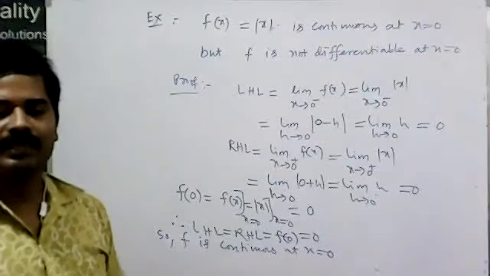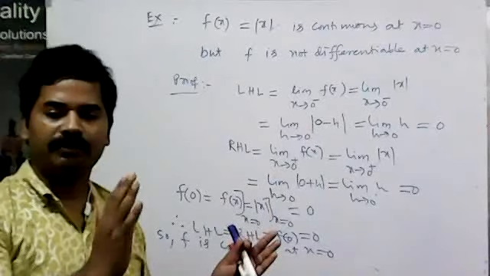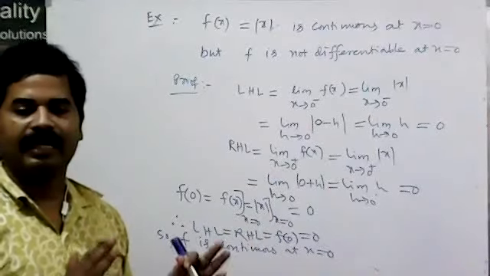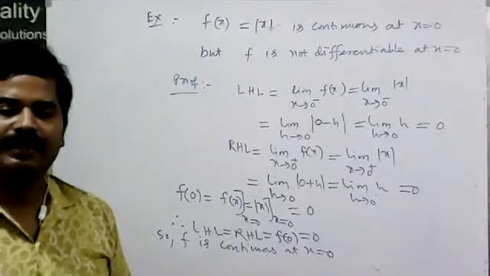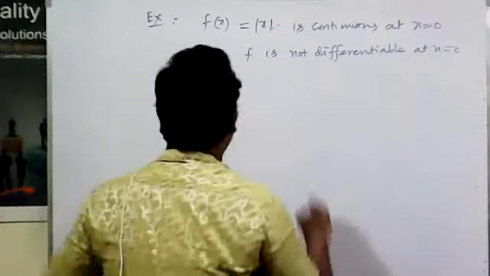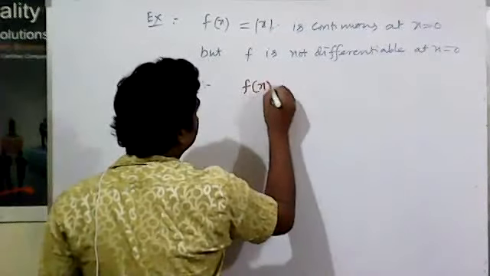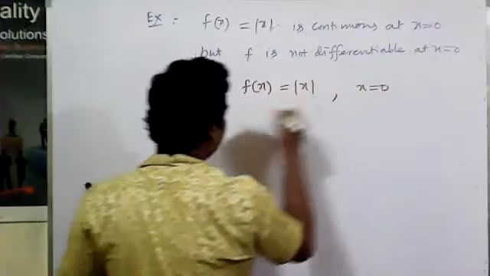Now f is continuous, but is it differentiable? Now you have to check whether LHD is not equal to RHD. LHD according to the formula you have to find out, and RHD according to the formula you have to find out. Here the function f(x) is equal to mod x, with x equal to 0.